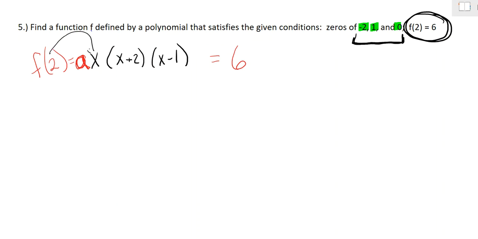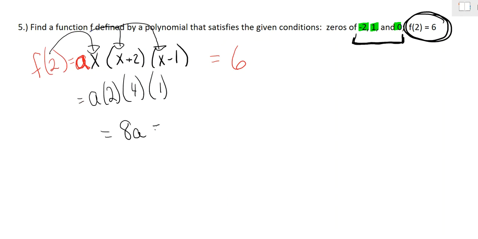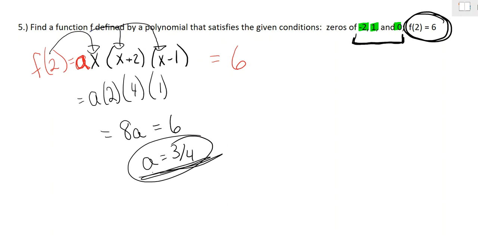So what we're going to do is input these 2's to figure out what that a would be. A times 2 times 4 times 1. So that's going to give us 8a equals 6. So a equals 3/4.